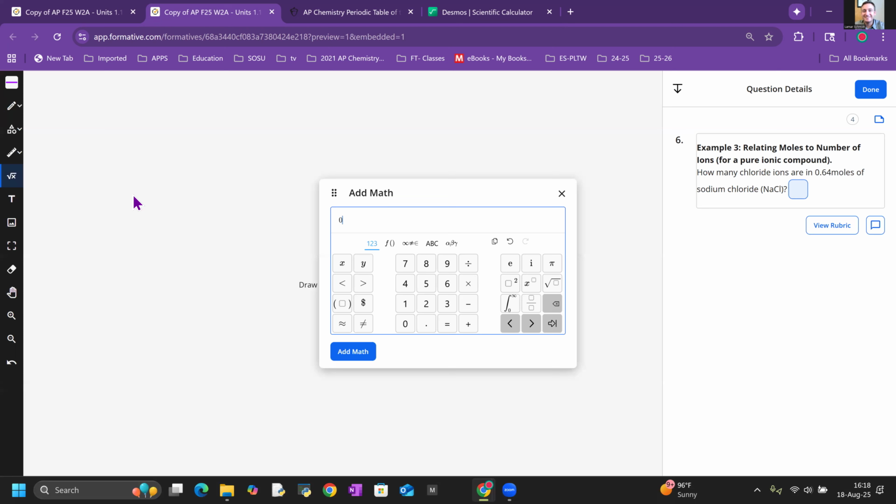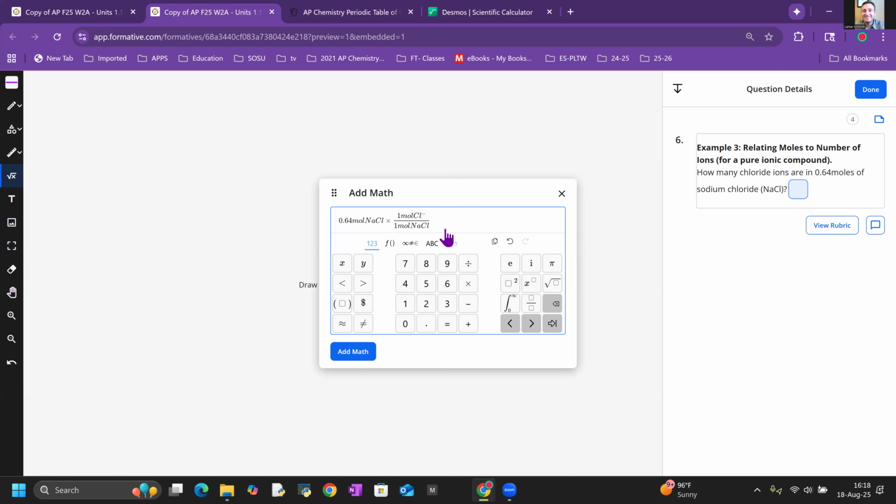So we're going to start off with 0.64 moles of NaCl. Again, we could say 1 mole of NaCl is equal to Avogadro's number of formula units of NaCl, but we're not interested in that, since we're trying to find chloride ions. So what we're going to say is, if we look at the formula, 1 mole of NaCl is equal to 1 mole of Cl, and the chloride ion has a minus charge, 1 minus.